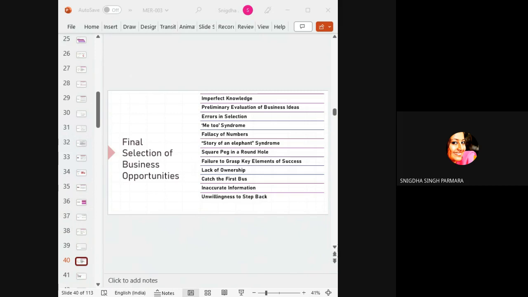So it is important that entrepreneurs compare the key determinants required by the project to their own capabilities. What is it that the project requires, and what is it that you have?